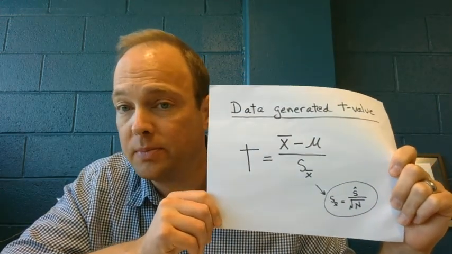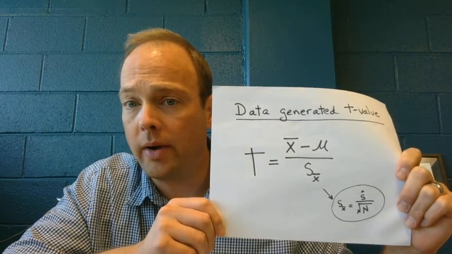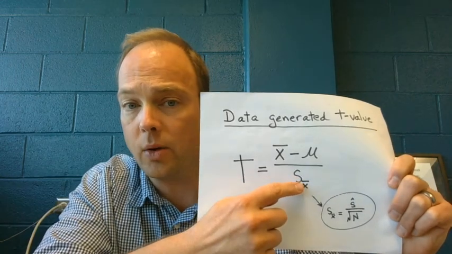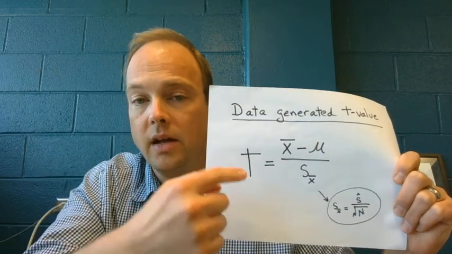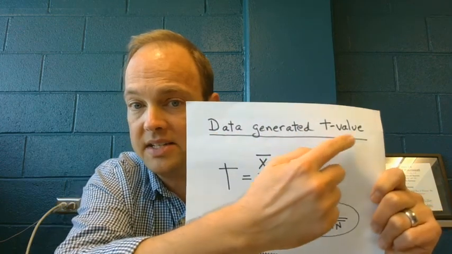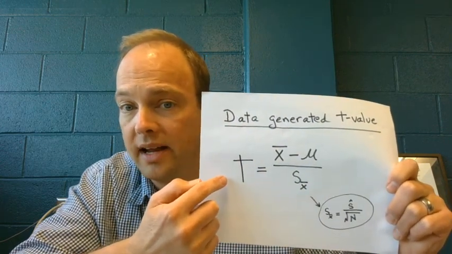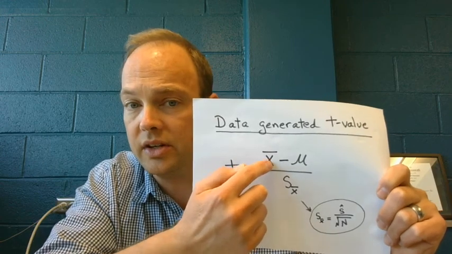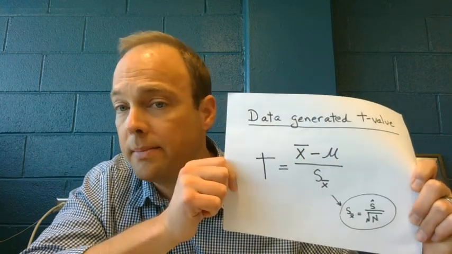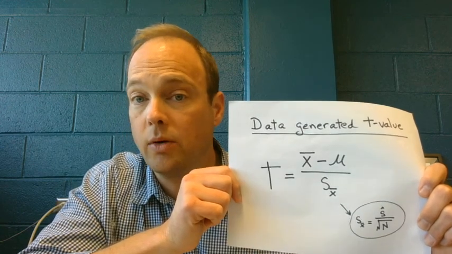The formula is pretty simple, and hopefully you're already pretty comfortable and confident in calculating the denominator for this formula. Data-generated t, it's the t-value that comes from your data. t equals your sample mean minus the given population mean. Think back to all those hypotheses that we went over.